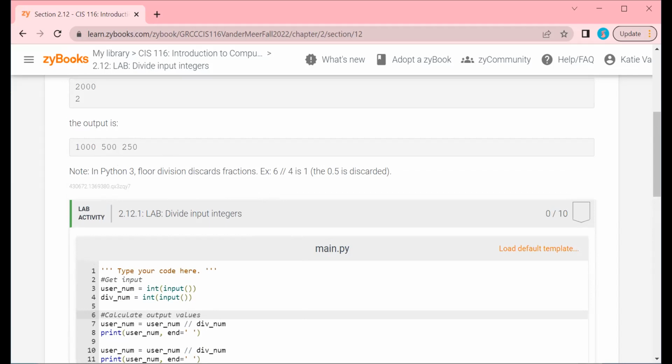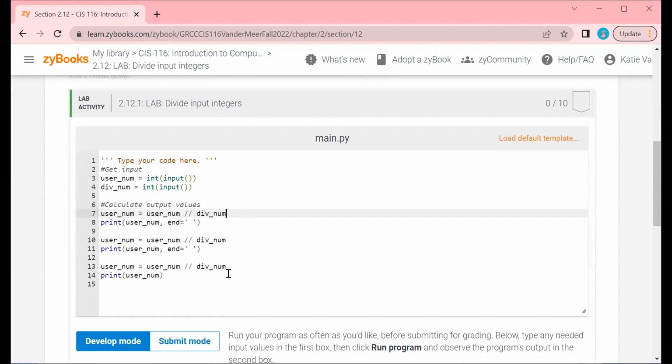So if my input was 2000, my user number was 2000, and my division number was 2, then on line number 7, what we're saying is my new user number is going to be equal to 2000 divided by 2, and that of course equals 1000.